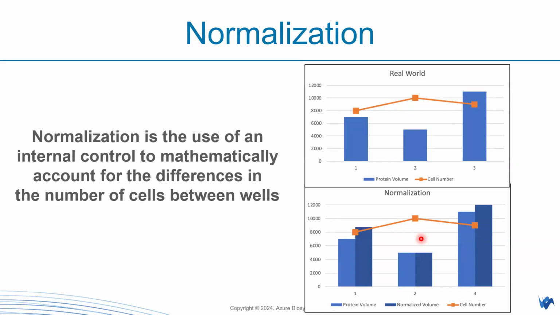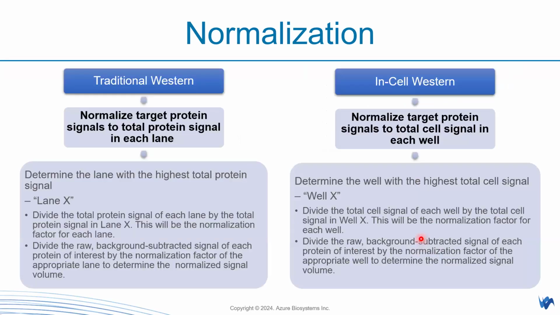Okay, so that's why the normalization will normally use total cell or cell stains in in-cell Westerns, as compared to traditional Westerns, where we normalize against, let's say, a housekeeping protein or a total protein signal in a lane. In in-cell Western, we normalize against a total cell signal within each individual well.